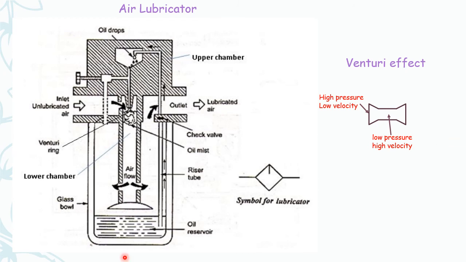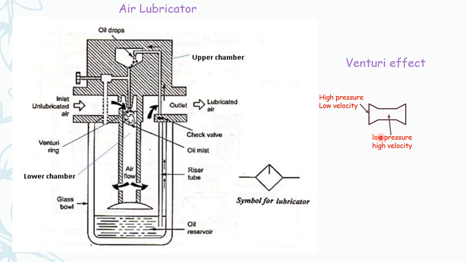So what is that Venturi effect? I hope you know what a Venturi meter is. You have a converging and then diverging section. A similar type of cross section will be there at the inlet of the lubricator, wherein the inlet air passing into the lubricator will have high pressure and lower velocity.